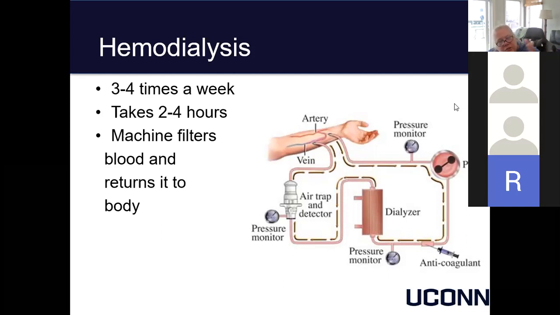And over that 2 to 4 hours, the blood circulates, I think it's 4 or 5 times, to get the right level of cleanliness and get rid of the right amount of toxins and fluid.